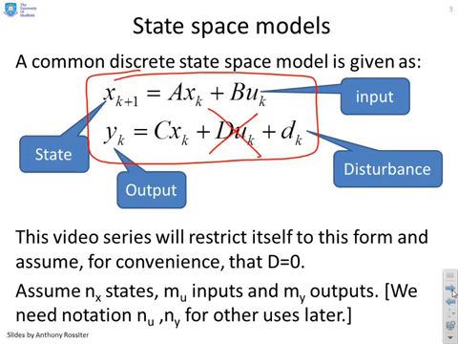Now, if you happen to need it, you could introduce a notation that said something like we've got nx states, nu inputs and ny outputs. You'll notice we haven't used nu and ny for the number of inputs and outputs because that notation is very commonly used in the predictive control literature to mean something else, so we best reserve it for the common usage.